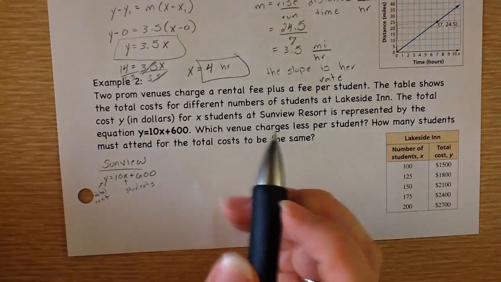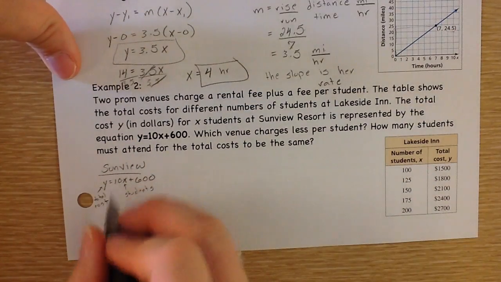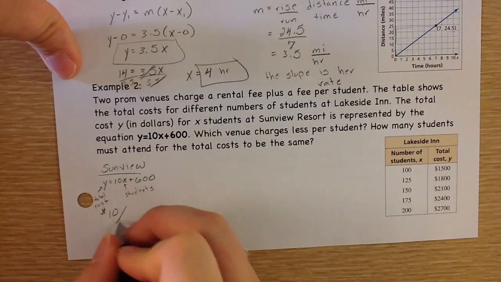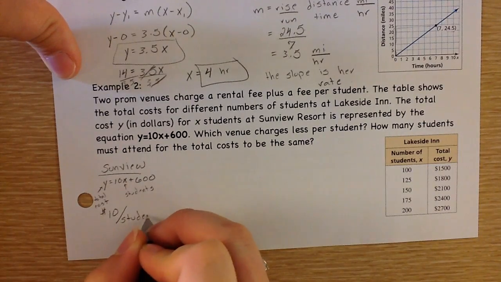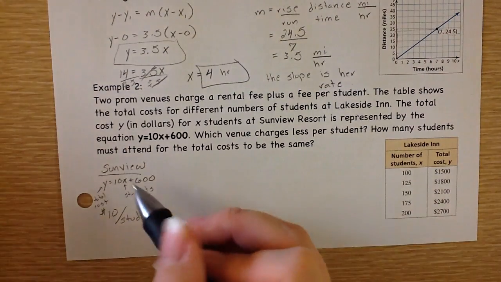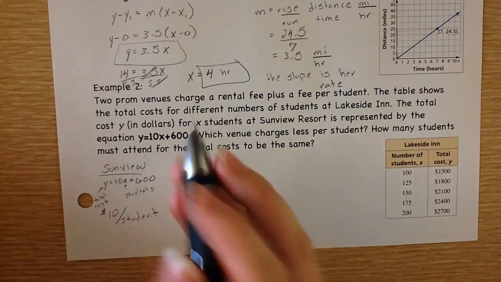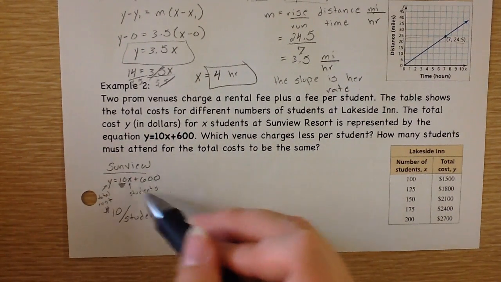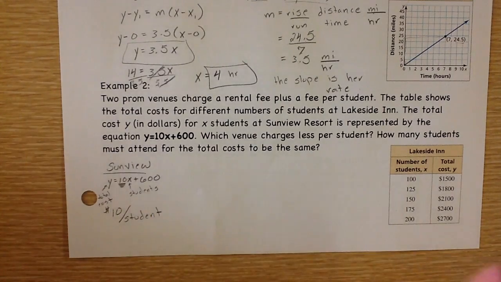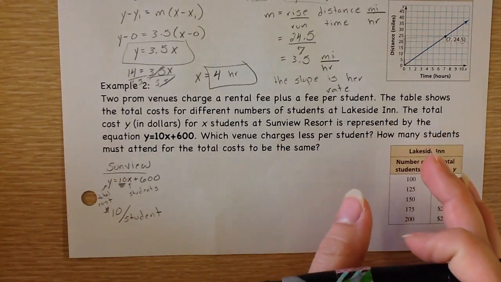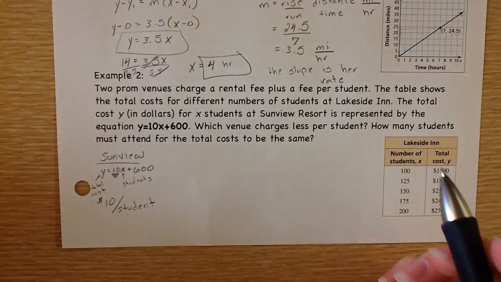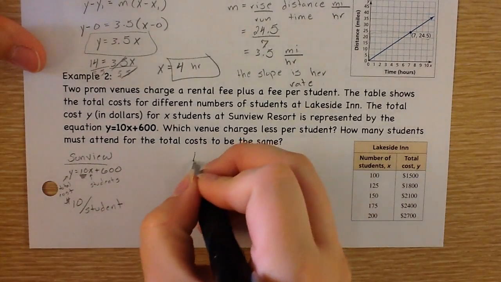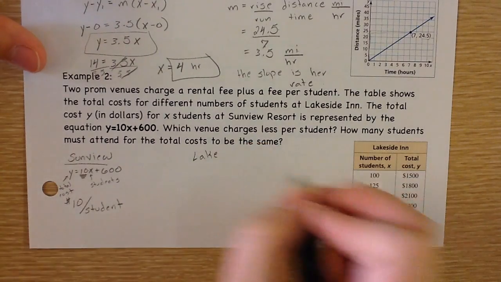According to that model, it looks like that $10 is how much they're charging per student. So their slope there is the charge per student, because remember that 10 right there is our slope. Plus they're going to add an extra $600 on for, I don't know, extra fees or whatever for the rental fee. But we don't have an equation for Lakeside, so let's find an equation for Lakeside.